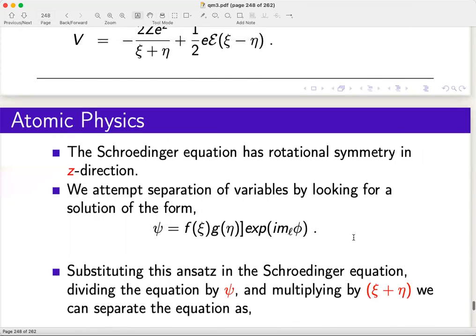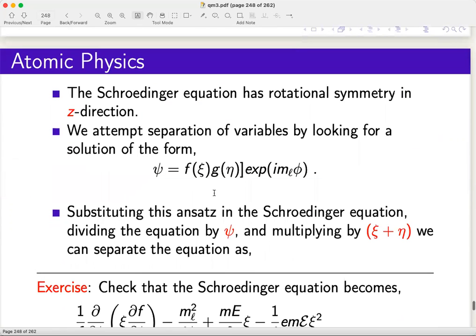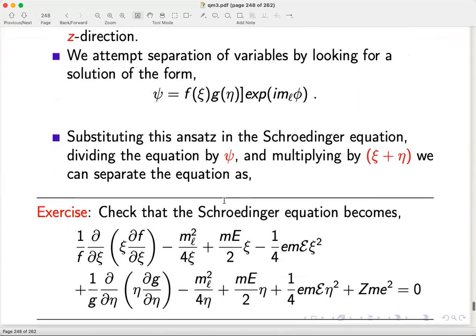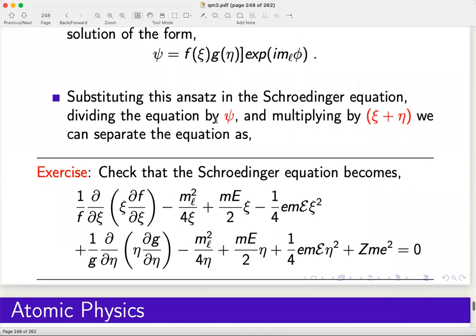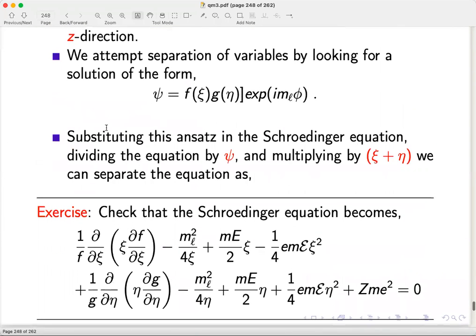There is a xi plus eta sitting in the denominator. We will multiply by xi plus eta everywhere, and we can separate the variables, and you get equations of this type. If you substitute this and carefully work through it, you need to take care of a few steps: substitute this psi inside the Schrodinger equation and divide that entire equation by psi again.